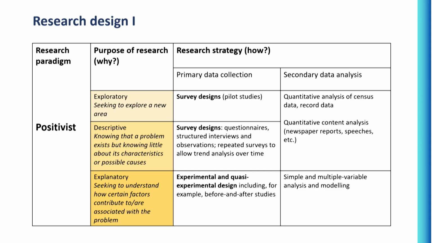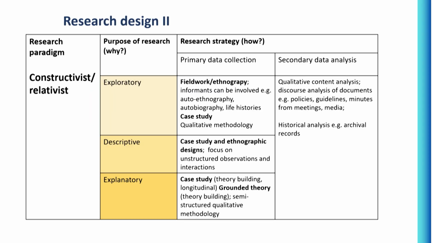Obviously it's more sophisticated, but essentially you're looking at both frequencies of a phenomena and you're also trying to assess associations between two or more independent variables with a dependent variable. Okay? Moving to a relativist paradigm.